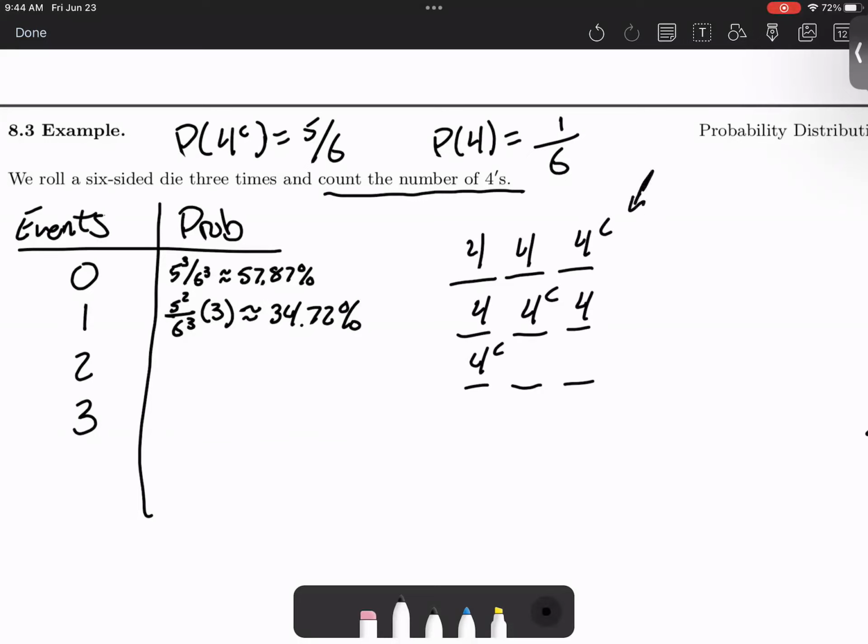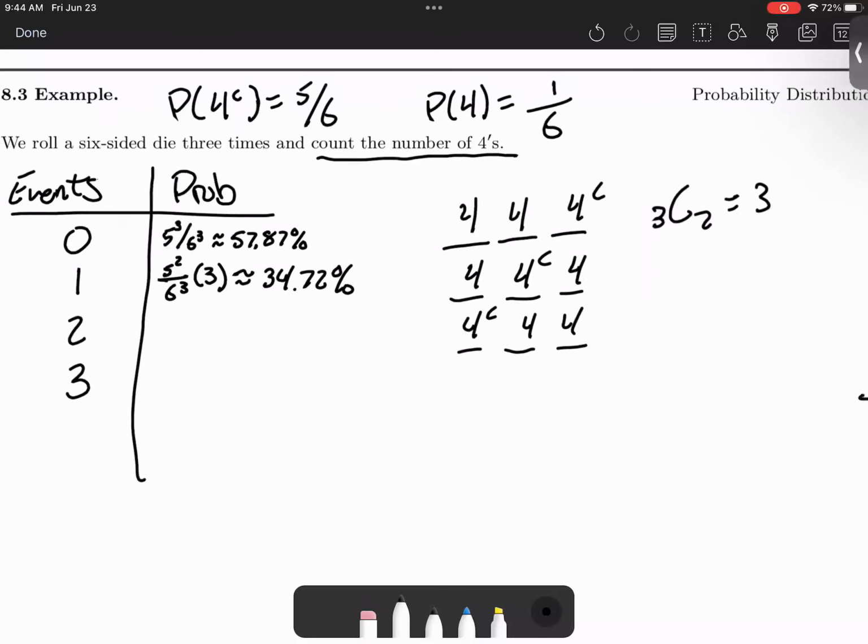So either the not 4 is in the last position, the second position, or the first position. So there's 3 ways to put 2 4s in 3 spaces, right? You can run through your choose equation and you see that 3 choose 2 is equal to 3.